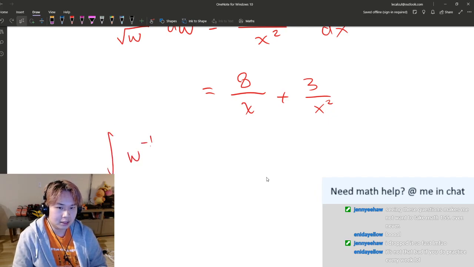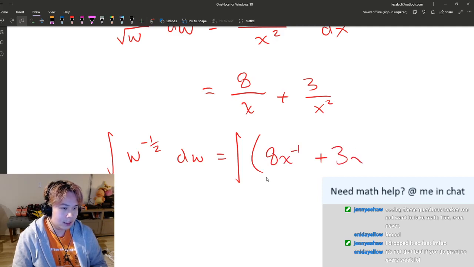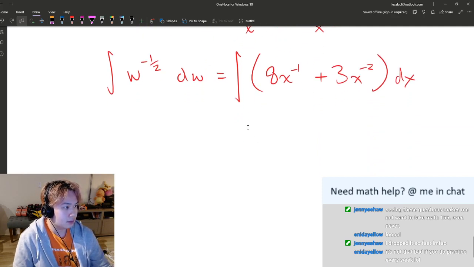So w to the negative 1/2 dw, and then integrate, 8x to the negative 1 plus 3x to the negative 2 dx. And then each one of these is easy to integrate. Well, actually, you have to be a little careful with this one, I think.